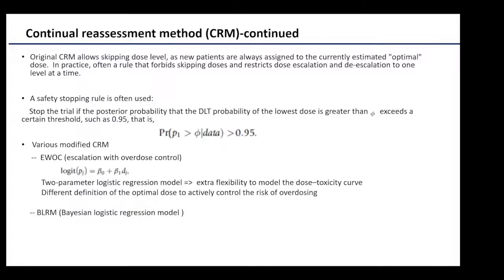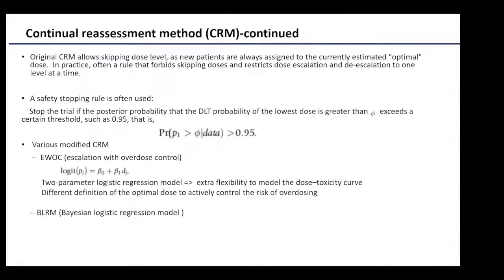So now they forbid skipping levels. They also add a safety stopping rule, just to minimize the chance of overdosing. Here the idea is, based on all data we observed, if the estimated DLT probability of this dose is larger than the target level with already 95% chance, then this dose level and all higher dose levels will be eliminated.